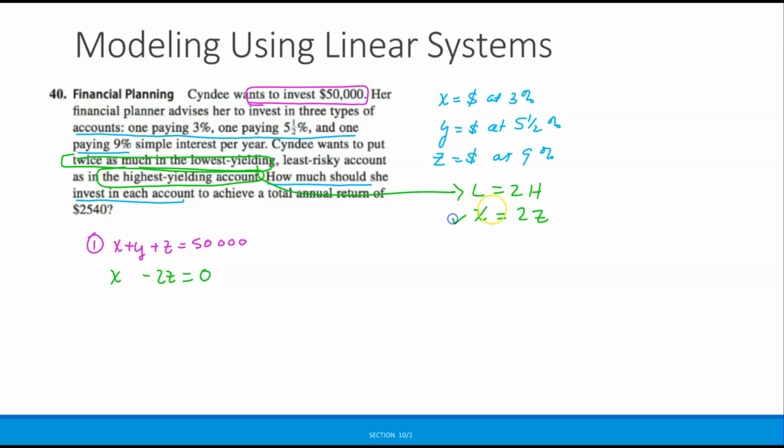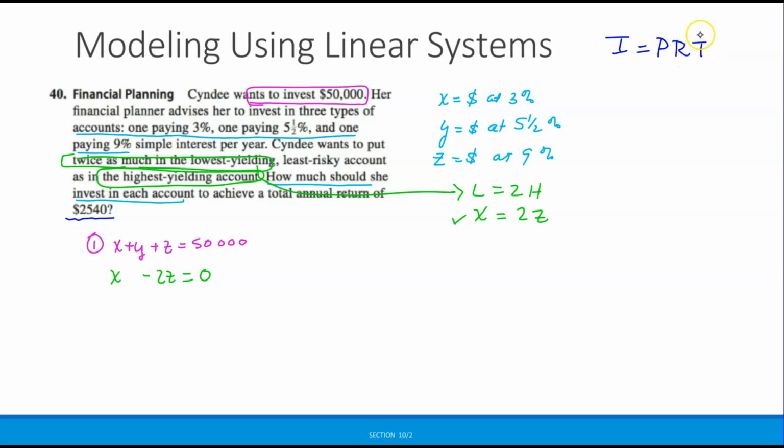All right, one more equation to go. She has total annual return, total annual interest of $25.40. Okay, so $25.40 is interest, and we had seen in other problems that interest is equal to principal times rate times time.